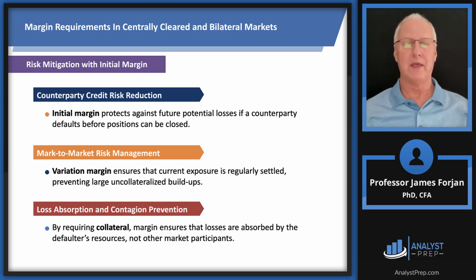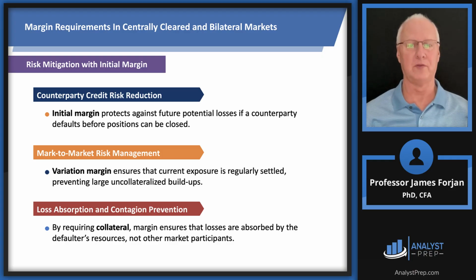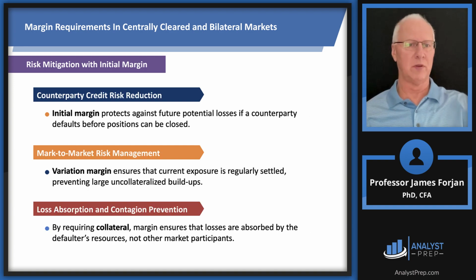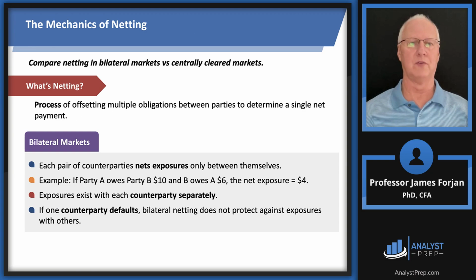And the only way that you can have this increase in liquidity is, of course, if you have the variation margin and if you do this in regularly settled periods. Loss absorption and contagion prevention. We talked about that. Systemic risk containment and liquidity discipline. So that relates to what I was saying back here about the marking to market and those margin requirements.